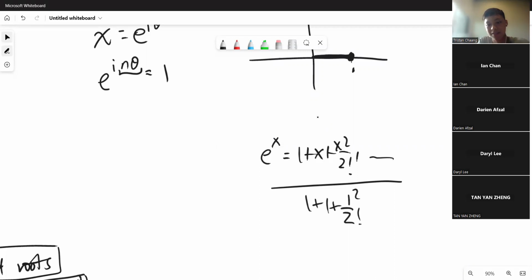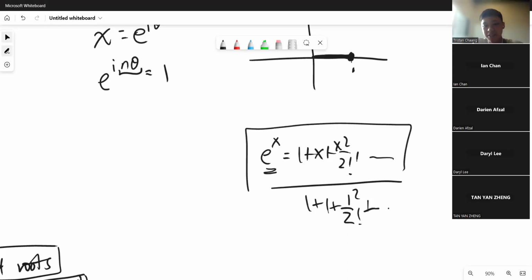Sorry, the pen is very laggy. So the fact that we use this power series to prove it means it must be this function. It's not 2 to the x. 2 to the x is something else, probably like e to the x ln 2. So you substitute ln 2 here. So the base must be e, because we're using this function e to the x. And this function is literally 2.71 something to the x if, for example, x is an integer.